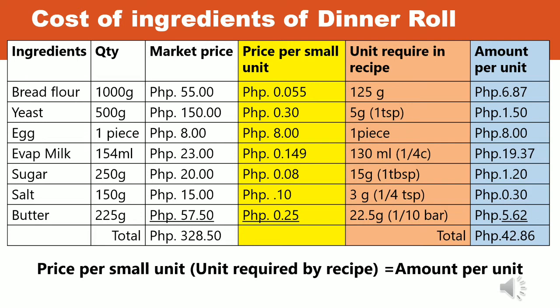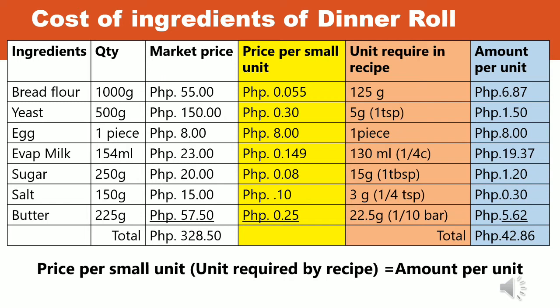The bread flour costs 0.055 centavos. The recipe requires 125 grams. We're going to multiply 0.055 and 125 grams equals 6.87 pesos, meaning the cost of bread flour in 125 grams is 6.87.